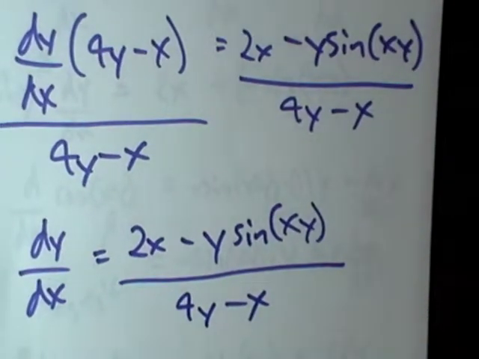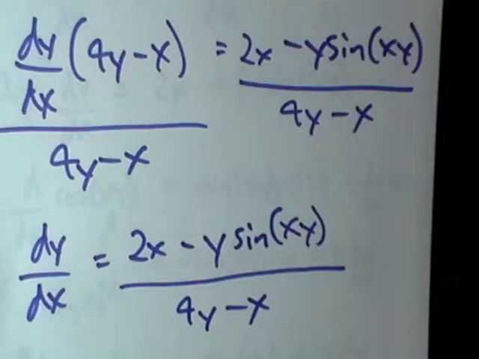Okay, so that should be it. Okay, if I didn't make a mistake somewhere, but yeah. So that one was kind of tough. That took some time and some messing around.